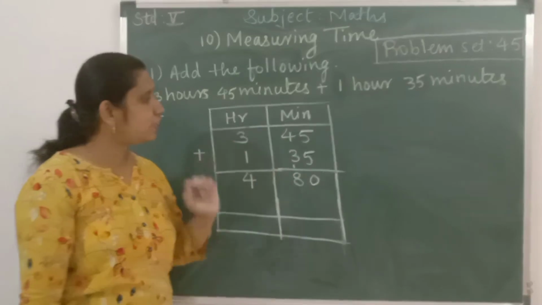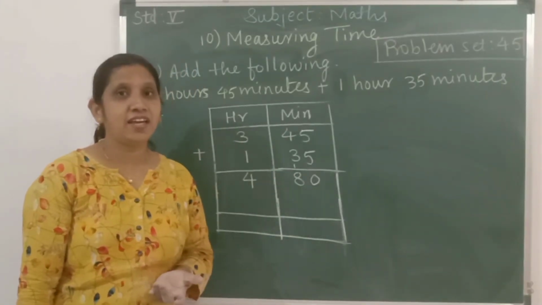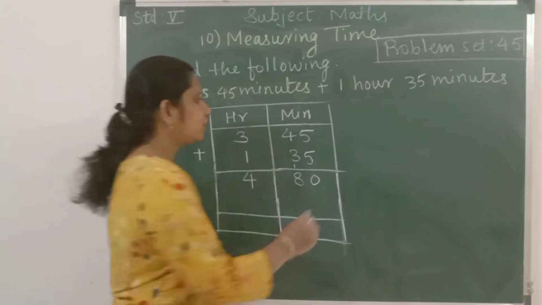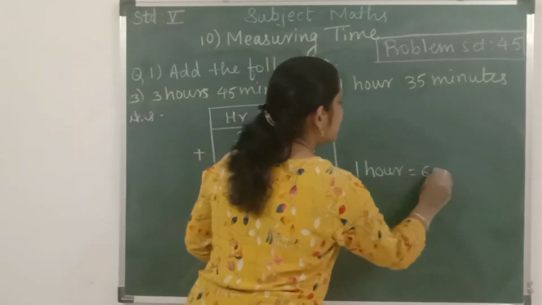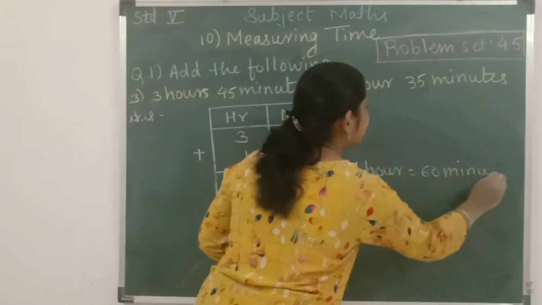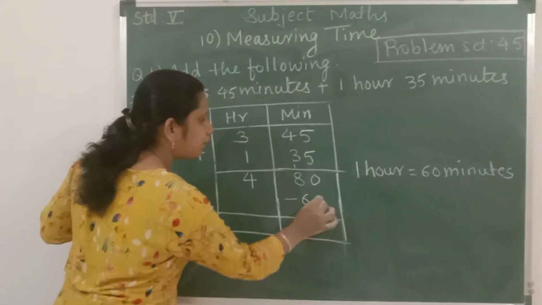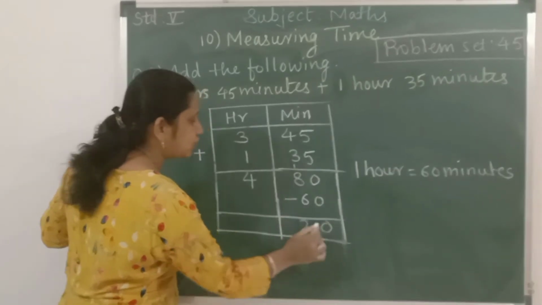Children, now in minute column we got 80 minutes, which is greater than 60. Yes, 60 minutes means 1 hour. So let us write over here 1 hour is equals to 60 minutes. Okay. So let us subtract that 60 from the minutes column. 0 minus 0, 0. 8 minus 6, 2.